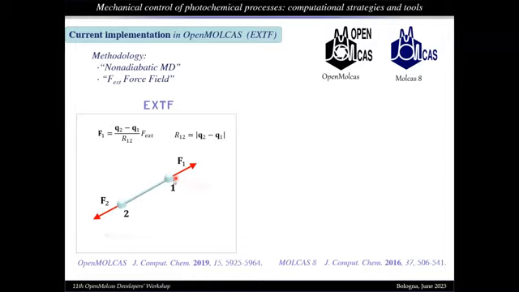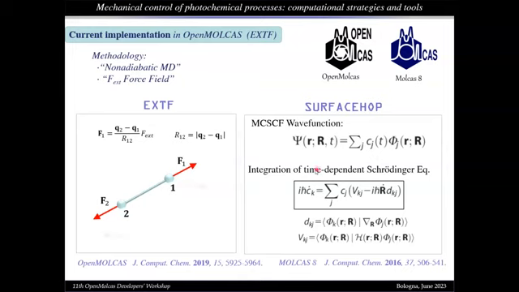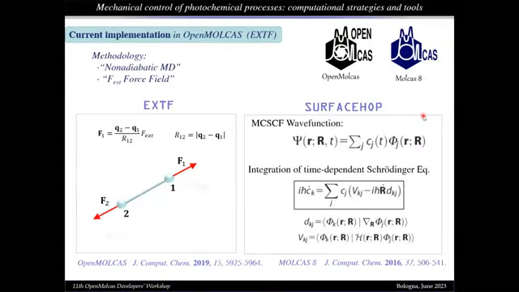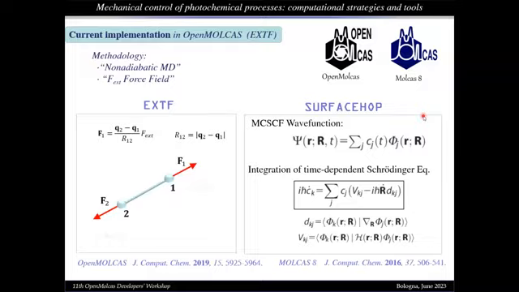Given two atoms, we can apply a force pair, which is basically two forces along the line connecting the two atoms, in this case 1 and 2, and it can be used, as I said, to perform non-adiabatic molecular dynamics with the module surface hop, which is working within the dynamics module developed by Igor Schapiro. And both modules are available on OpenMOLCAS and MOLCAS 8.